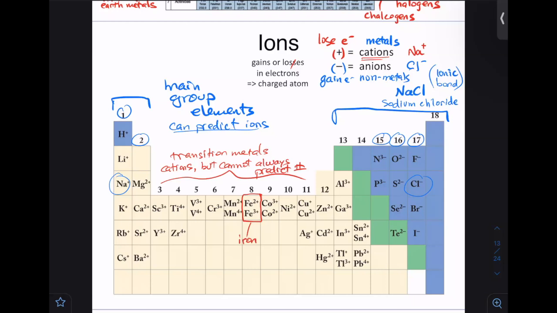But in general, you can't just look at, say, Cu. What does Cu stand for? Copper. You can't necessarily look at copper and know that it's going to form a 1+ or a 2+. So lots of these things you just have to know, and I'll give you some insight for them as well.